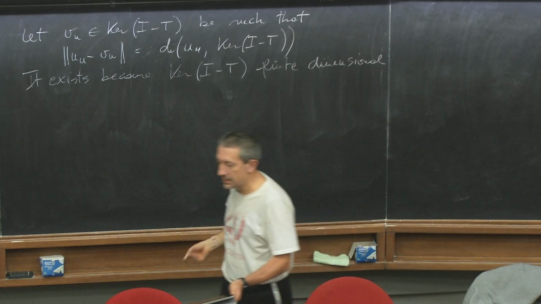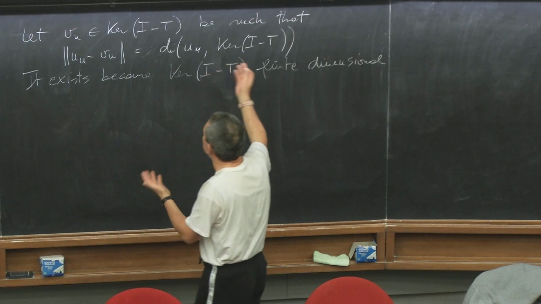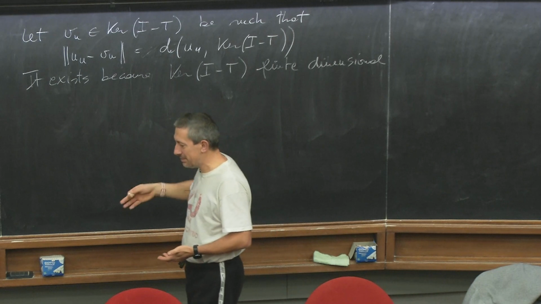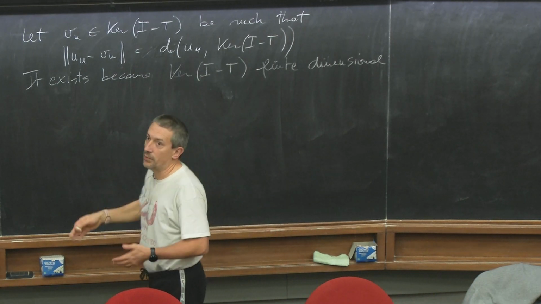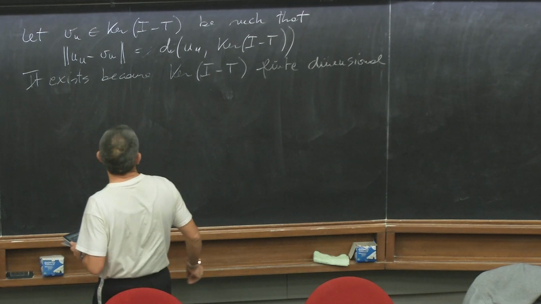And finite dimensional spaces are locally compact. So there exists a sequence converging to the minimum, but the sequence is compact, so it converges in norm also. Okay.